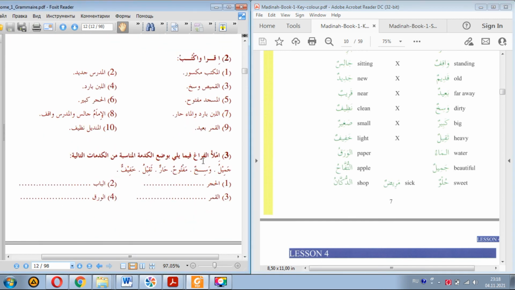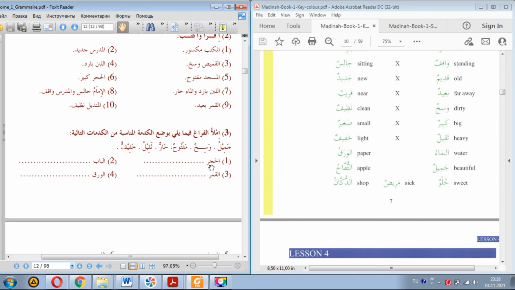املأ الفراغ فيما يلي بوضع الكلمة المناسبة من الكلمات التالية. So basically you just need to take these words and put them in their places. Like al-hajar is a stone. Is it jamil or is it washikh, which means beautiful, dirty, open, hot, or heavy, or light?